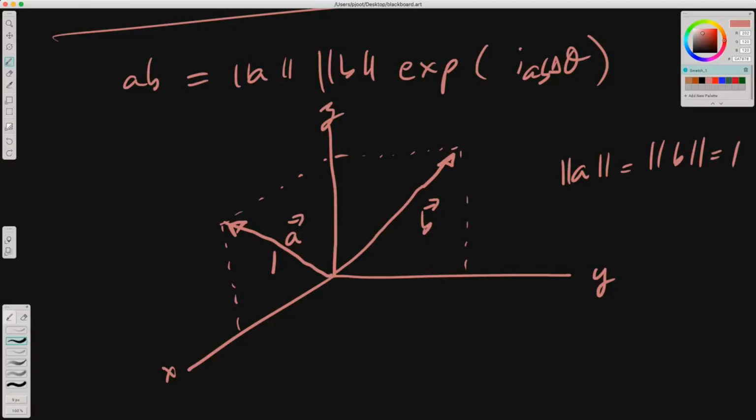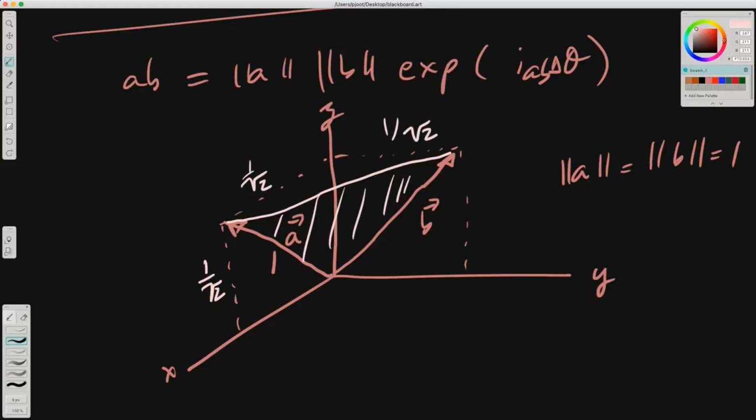And then let's look at the plane between these. So if that is 1, then this is 1 over root 2, 1 over root 2.